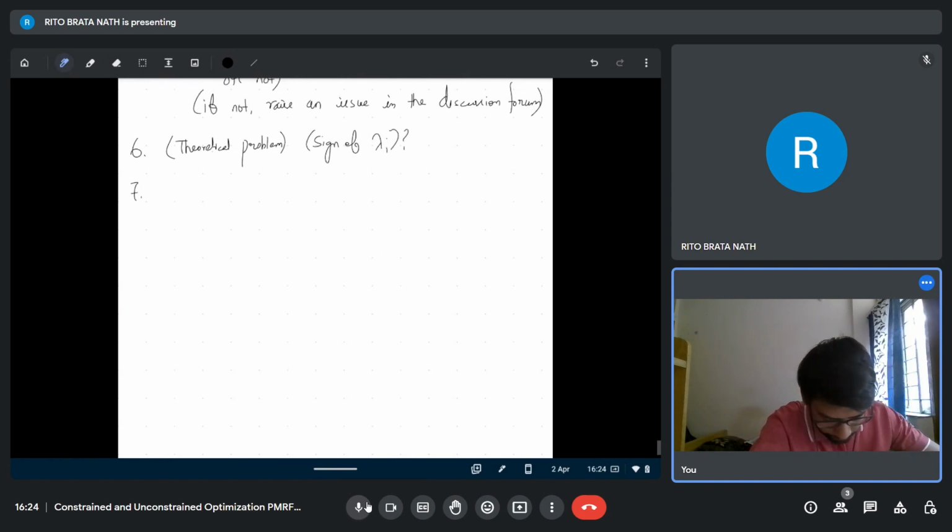The seventh one is on the KKT conditions: whether the necessary KKT conditions are sufficient. It's just based on KKT conditions. You also have to check for convexity and so on. I think this is again directly from the class.